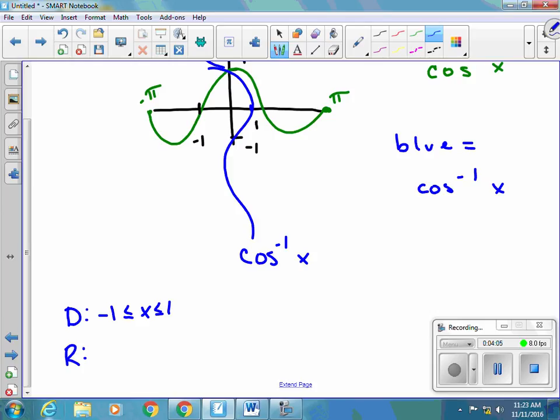Our range, however, gets switched up a little bit and now is from -∞ to +∞. So our range and our domain flip-flopped.